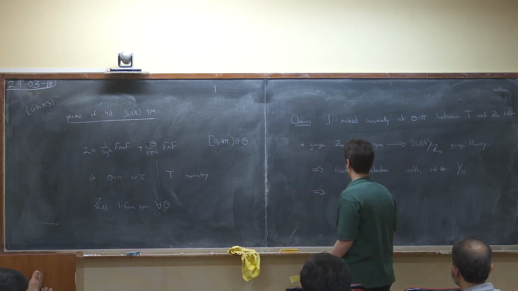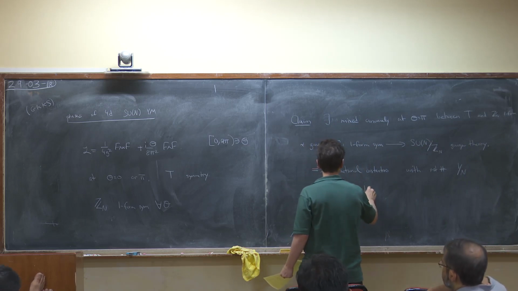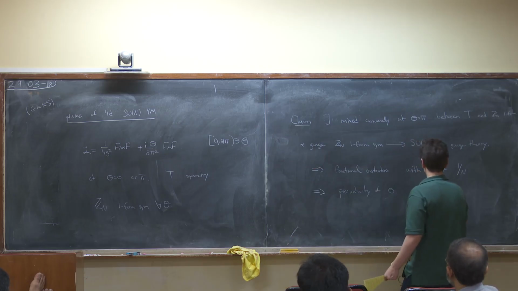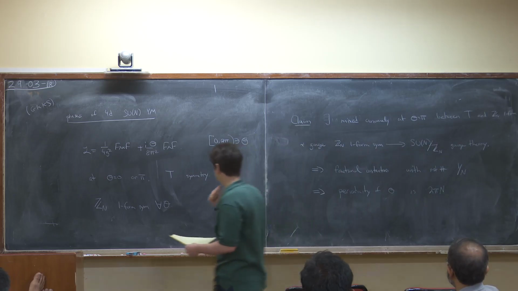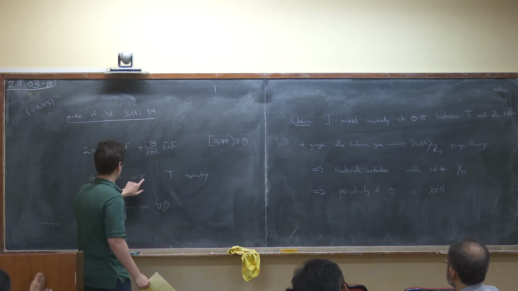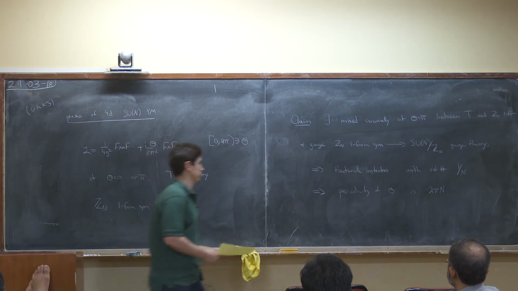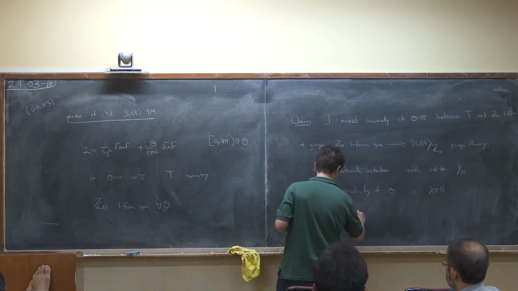That's right. So the periodicity of theta is now 2 pi n in this normalization. And if we go back over here, it's clear that that means that we've broken T symmetry, because at theta equals pi, T was a symmetry precisely because of this identification. So T is broken.